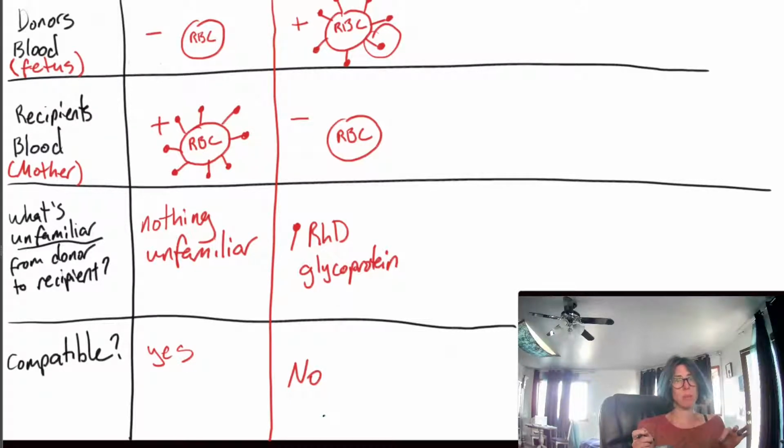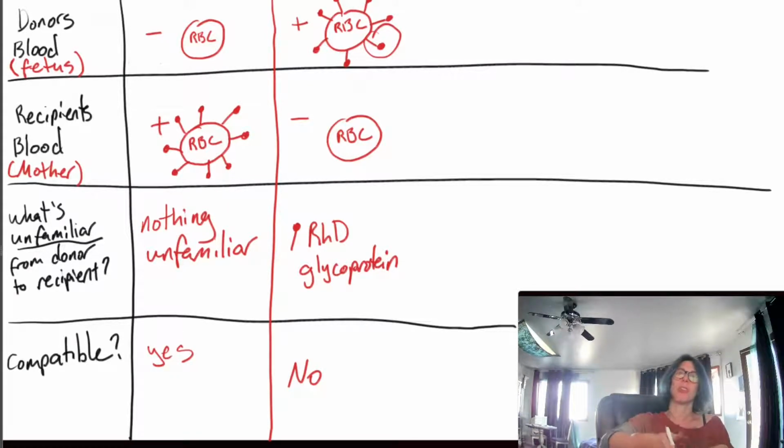Now, the first time an RHD negative woman is pregnant with an Rh positive fetus, there are rarely problems because it takes the mother's immune system time to generate a reaction to the unfamiliar RHD antigen in the fetus. And also fetuses create signals to suppress the mother's immune system while growing inside her. That's just a normal part of pregnancy. Pregnancy involves immune suppression so that the mother's immune system doesn't attack this foreign body growing in her womb.